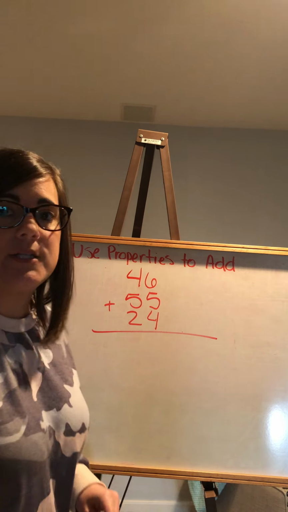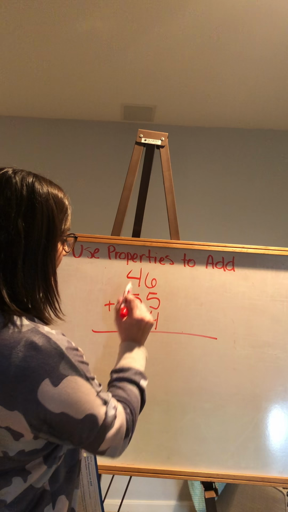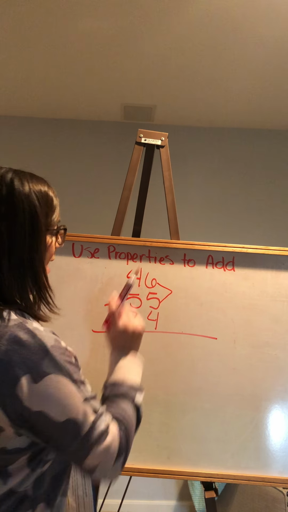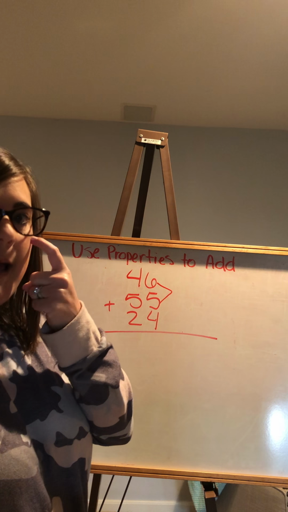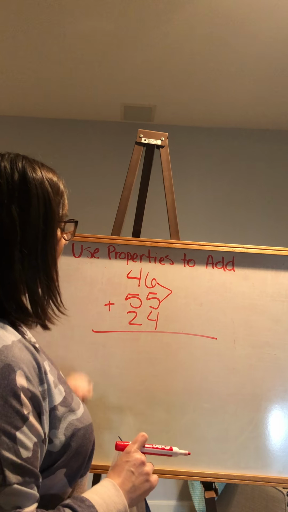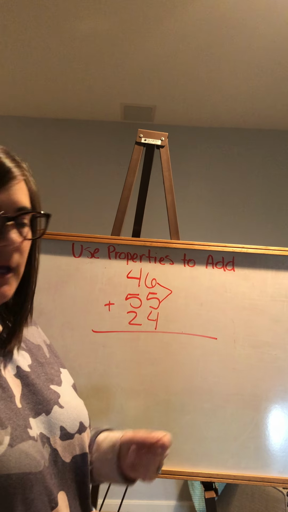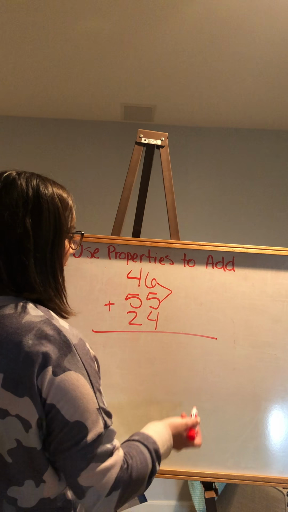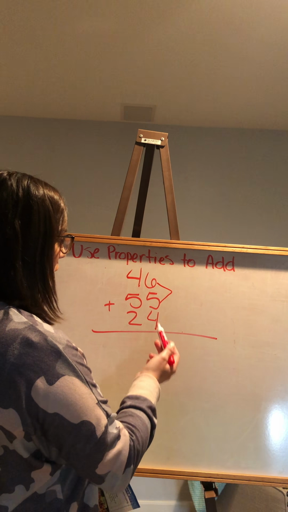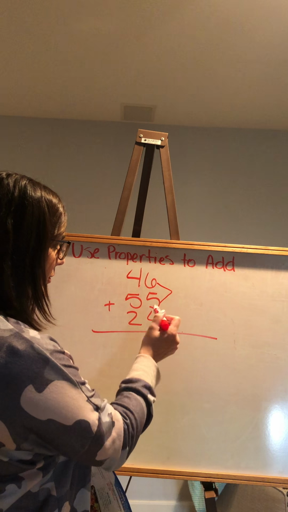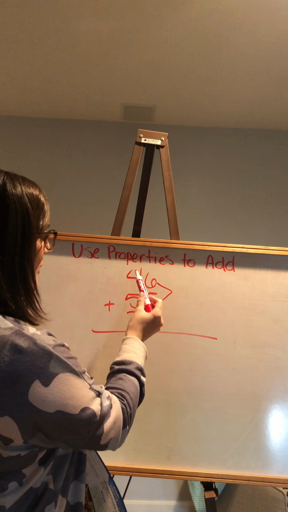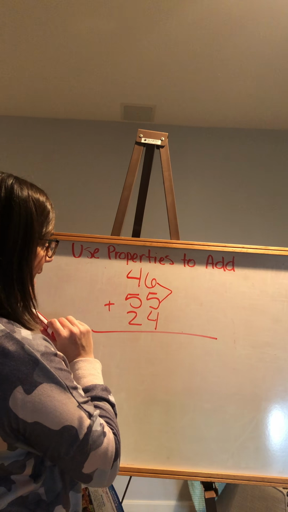So what I'm going to do is I am going to group 46 and 55. And we are going to add that in our head, okay? So 6 plus 5, you should know that instantly, okay? That is 11. So we, in our heads, remember, we put our 1 down, carry our 1. So now we have 5 and 5, which is 10.